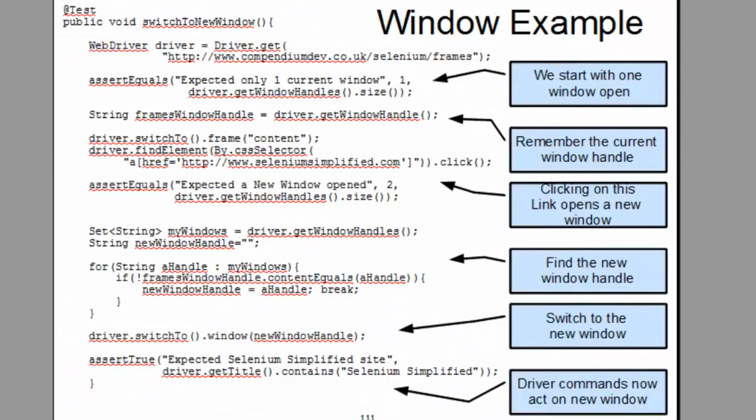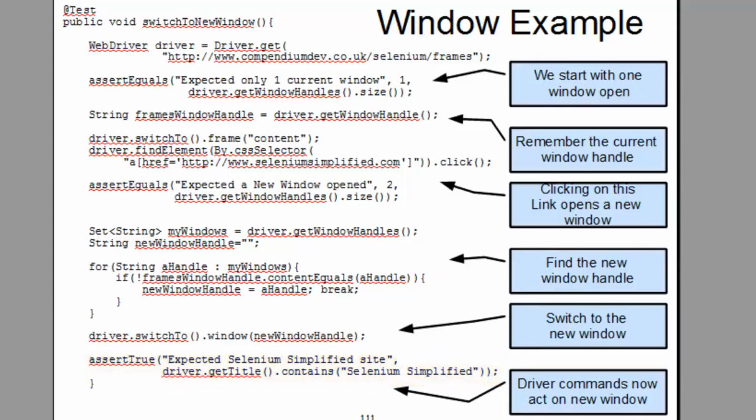And remember, different browsers handle these different windows in different ways. Most browsers are tabbed now, so most of them will open it in tabs. And you can see in the test, once I've opened a new window, I can get to the window handles, and I can iterate through that set, same way as normal, and I can switch to different windows. And then any new driver commands will go into that window.